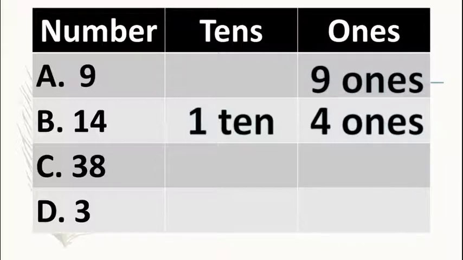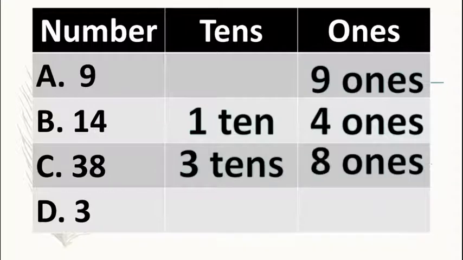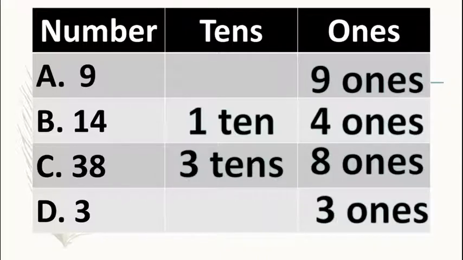It's still a two-digit number: 3 tens and 8 ones. In letter D, we have a one-digit number. We can say that 3 is 3 ones. So if you observe, we can identify which numbers have only ones and which have both tens and ones.